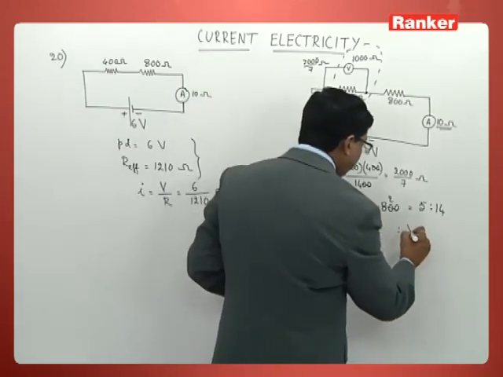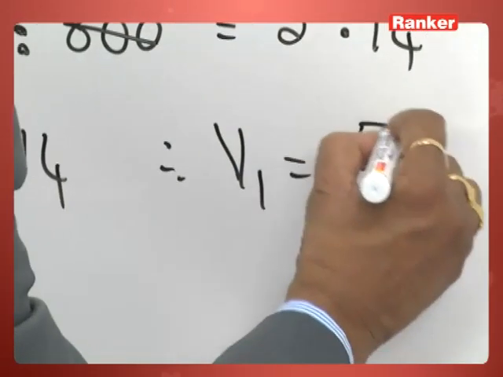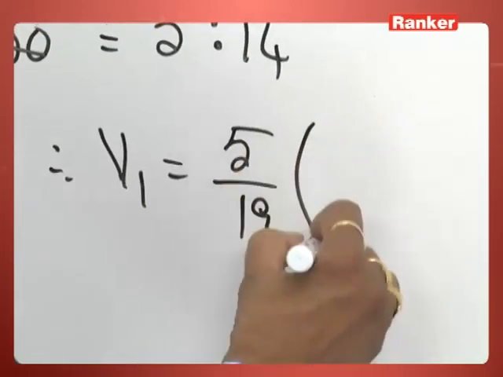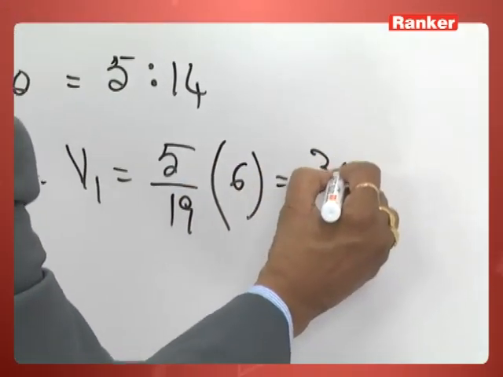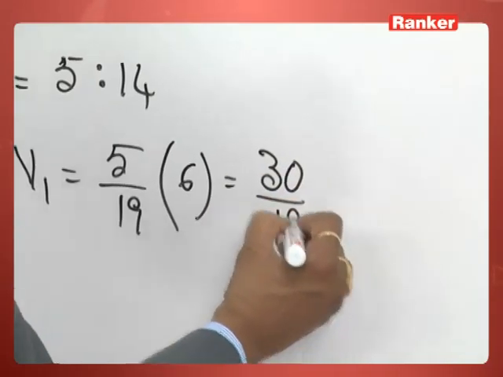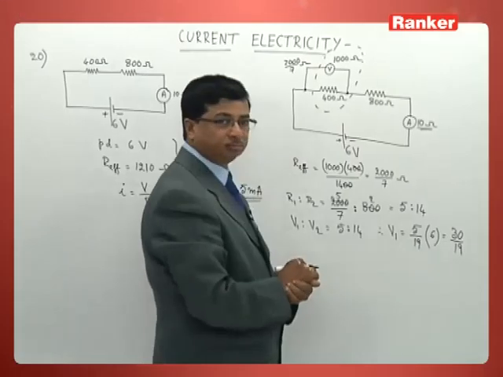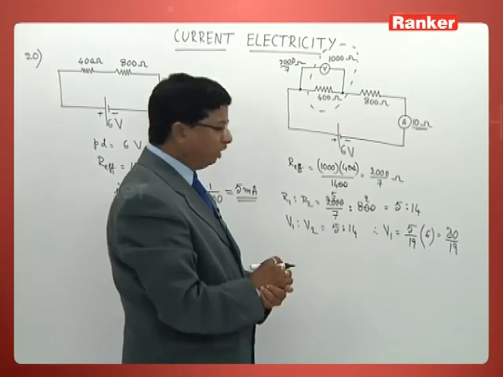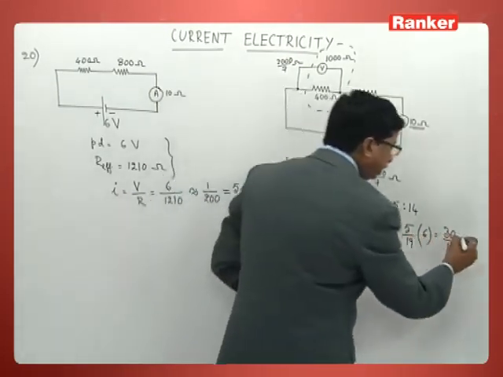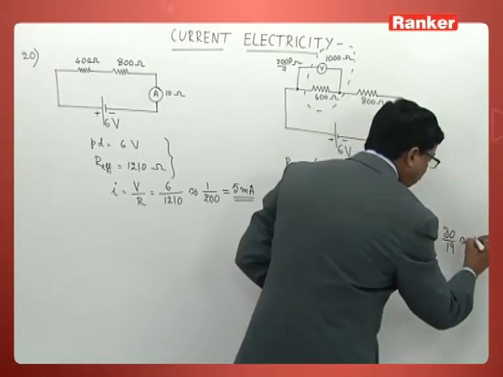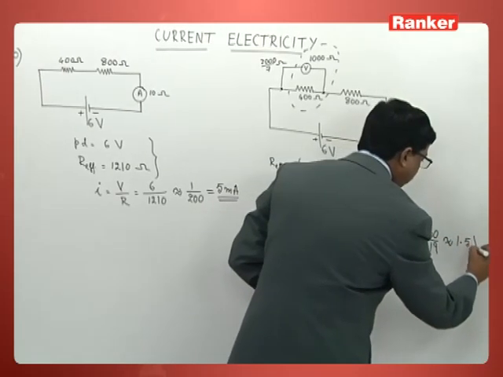Therefore, V1 is equal to 5/19 of 6, so it is 30/19. Roughly, if I estimate this to be 20, you will get nearly 1.5 volt.